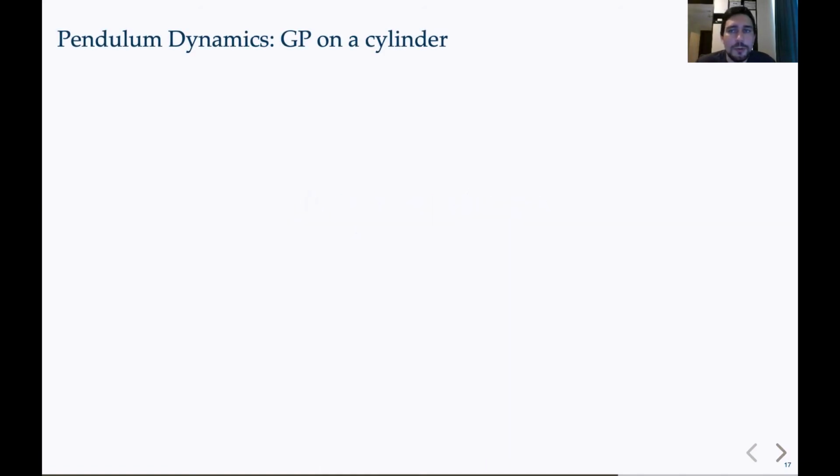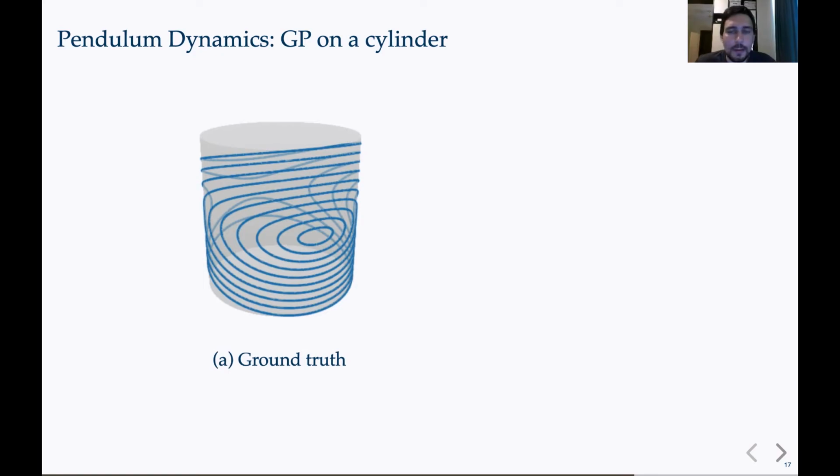In order to discuss applications related to robotics, I will consider these two examples. First, I want to return to the pendulum dynamics that Alex has already discussed. In practice, many physical systems have state spaces which are manifolds, and the pendulum is no exception.